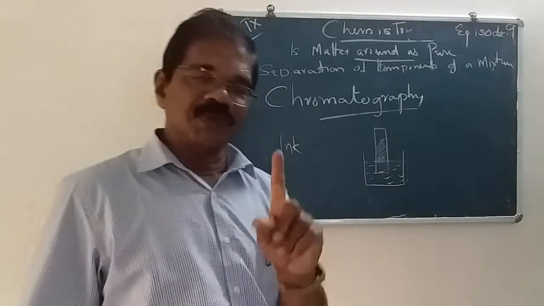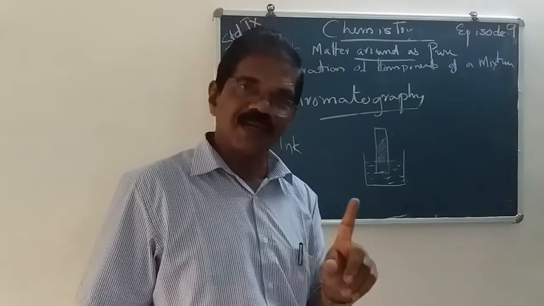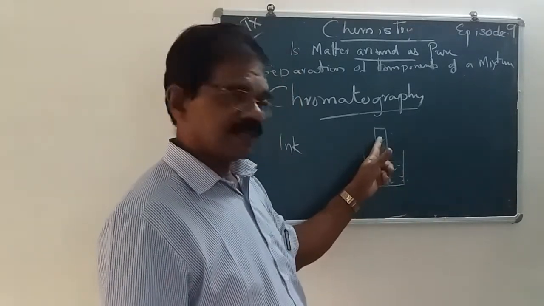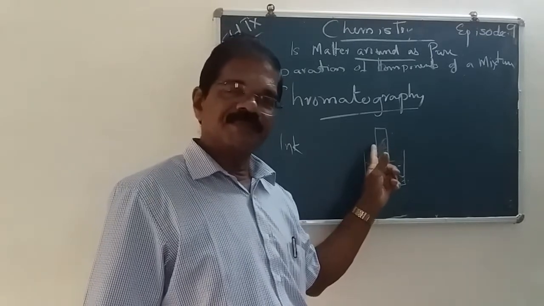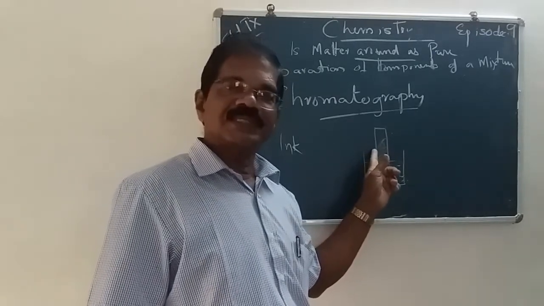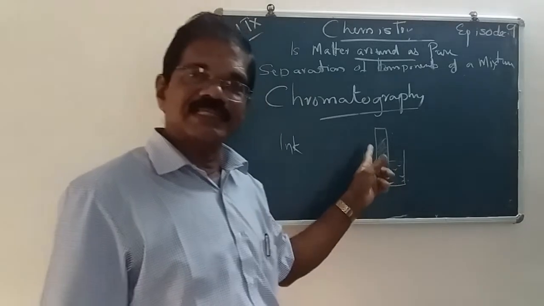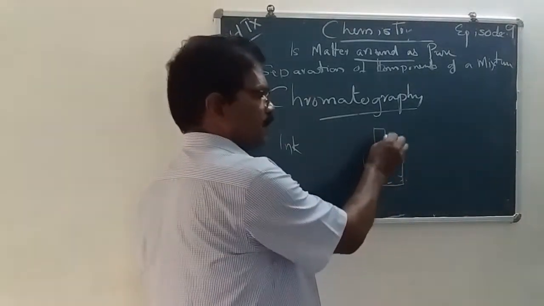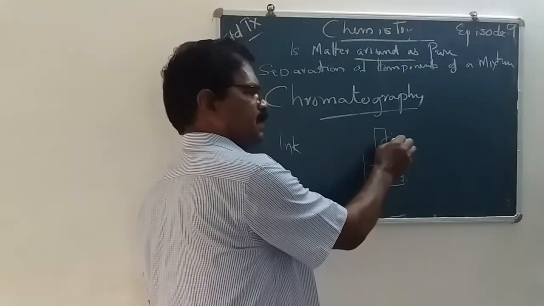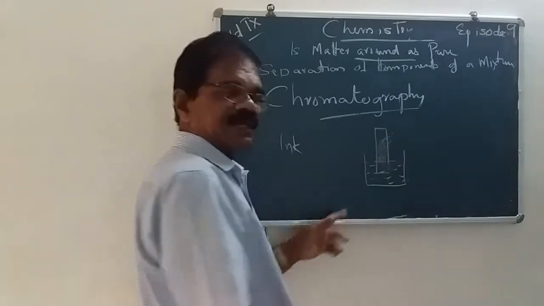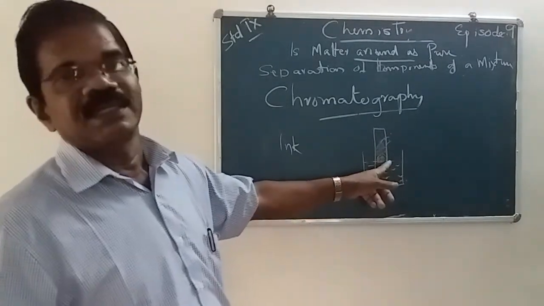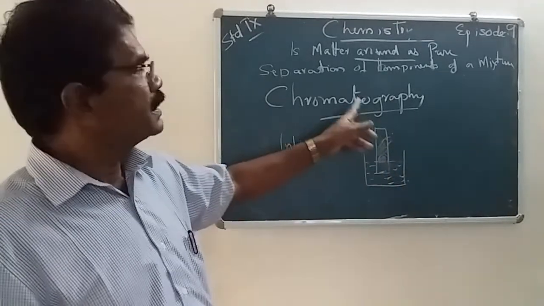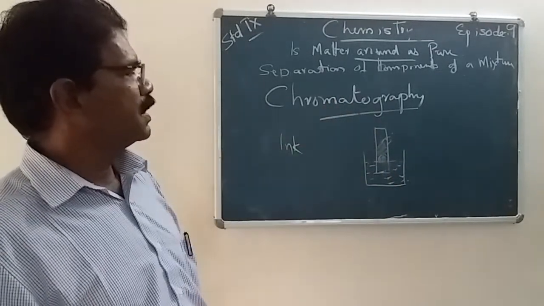So the solute which is more soluble rises highest on the filter paper, while the solute which is less soluble does not rise as high. At the top we get the more soluble color, and at the bottom the less soluble. So this process is used in chromatography.